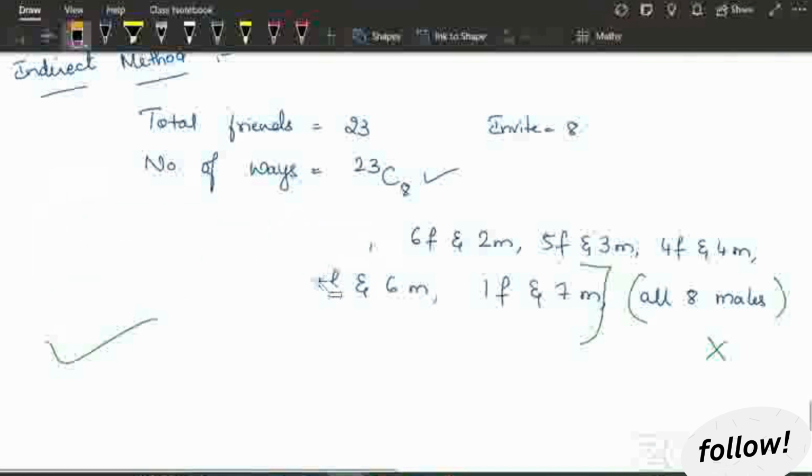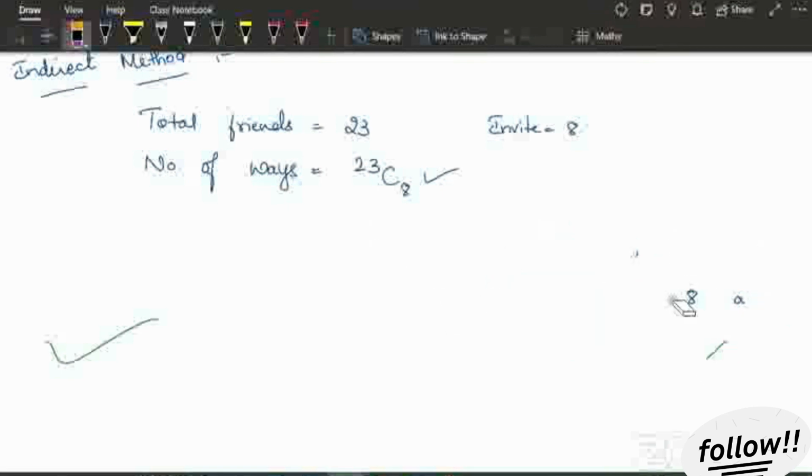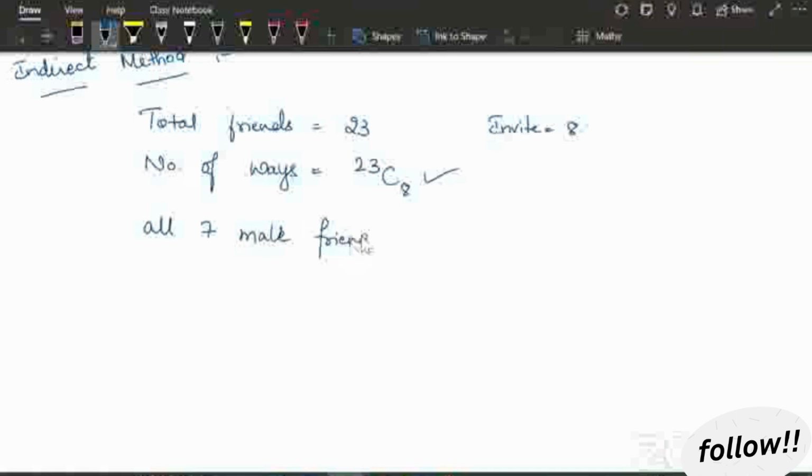So for total ways, find out total friends, and in that, how many people you have to choose. That is total ways. And then you just write down which teams need to be excluded, or options to be excluded: all 8 male friends, or you can write none of the female friends.